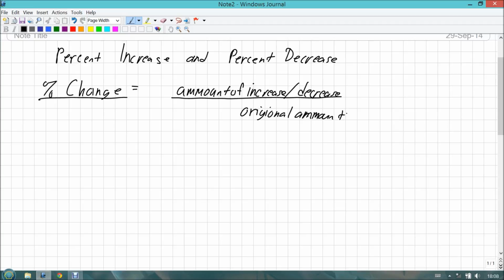And because it's a percent, we're going to take that and multiply it by 100 to represent the percent. So let's take a look at the percent increase.